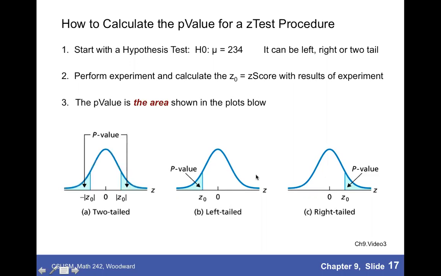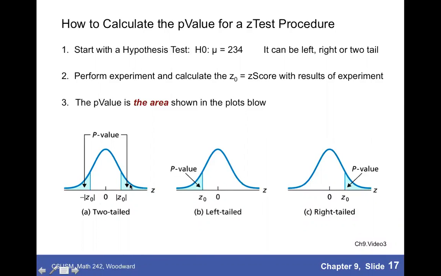Now, here's why I multiplied by 2. When I get a two-tail test, I get a Z naught. Well, the Z naught can be positive or negative. If it's positive, it's over here. If it's negative, it's over here. But either way, I can get a tail area. If it's negative, I get a tail area on the left.